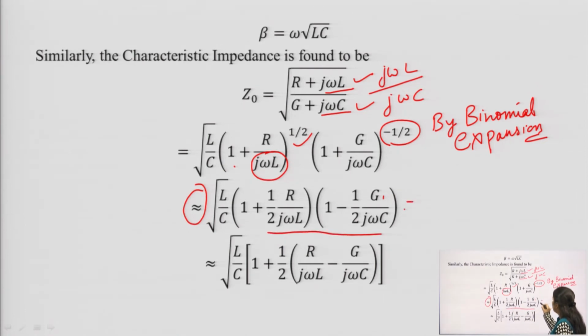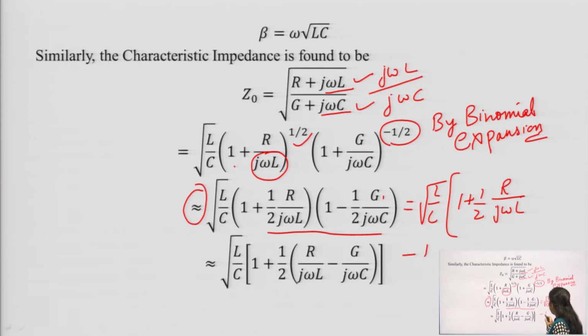it is equal to, of course, under root L by C, 1 plus half r upon j omega L minus half g divided by j omega C, and when we multiply this term and this term, what is going to happen?